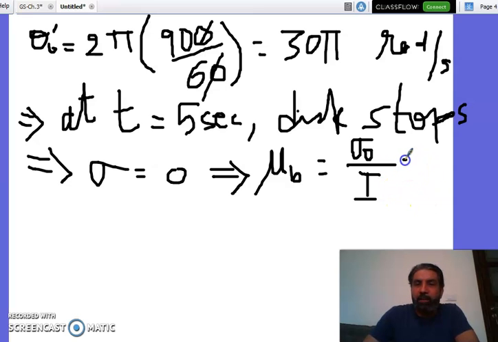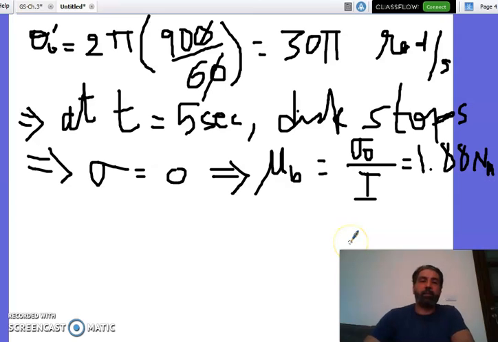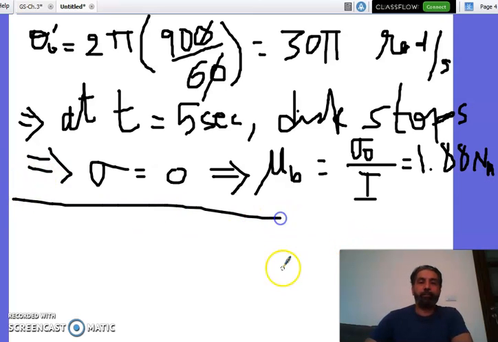Now if you replace everything, you get 1.88 Newton meter. Okay? Any problem?